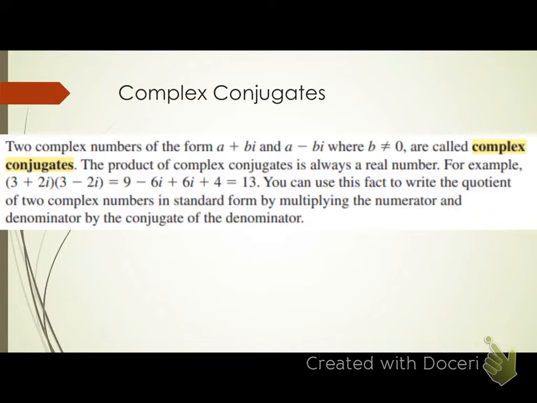So if I'm dividing two complex numbers, so it's one complex number over another, for it to be in standard form, I cannot have any i's in the denominator. So I'm going to use this fact of multiplying conjugates to get the i out of the denominator. Does that make sense? By multiplying the numerator and the denominator by the conjugate of my denominator.